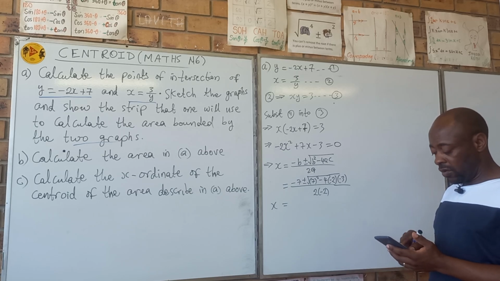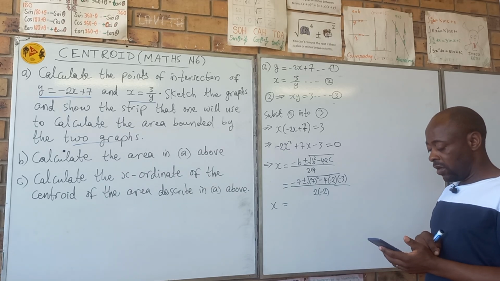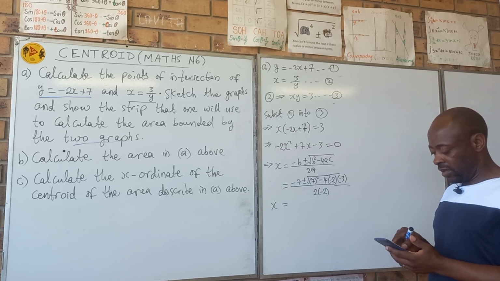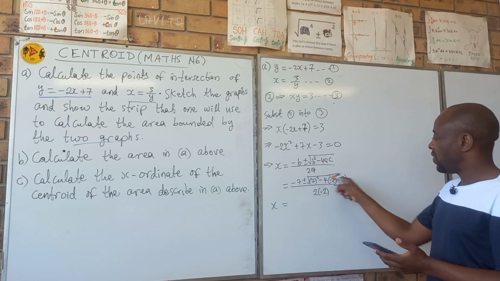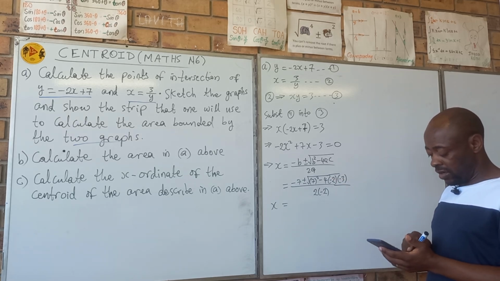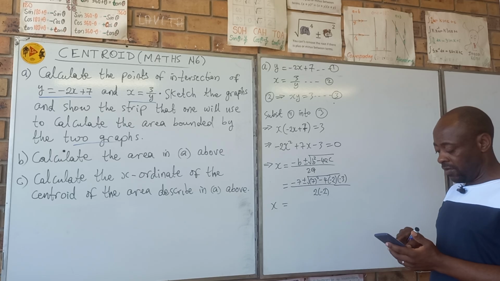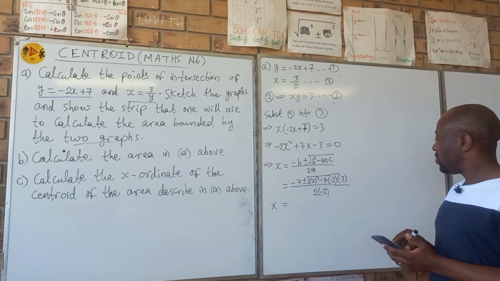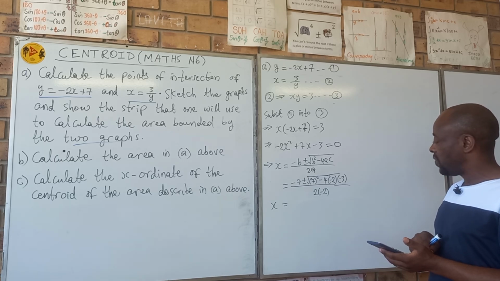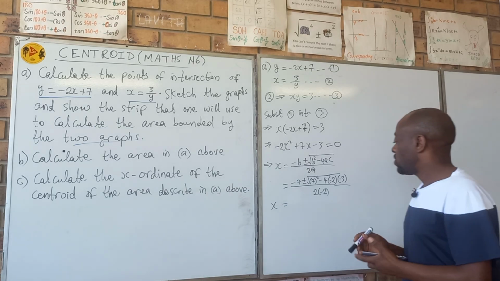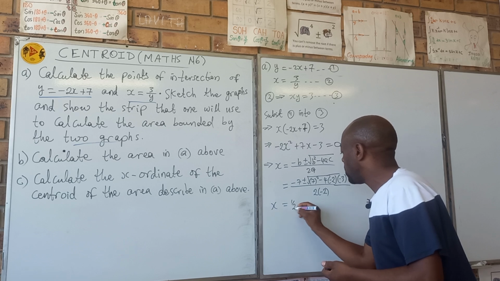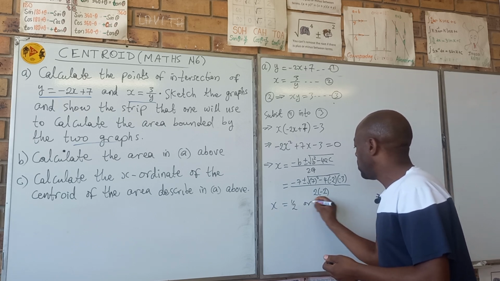So that's 24. The square root of 25 gives me plus 5 at the numerator. Then I have to divide that by negative 4. If you divide by negative 4, that takes us to positive half. So our first value of x is positive half.